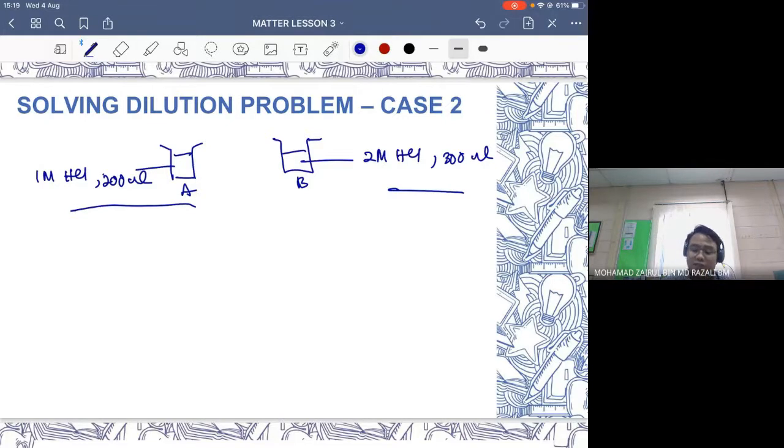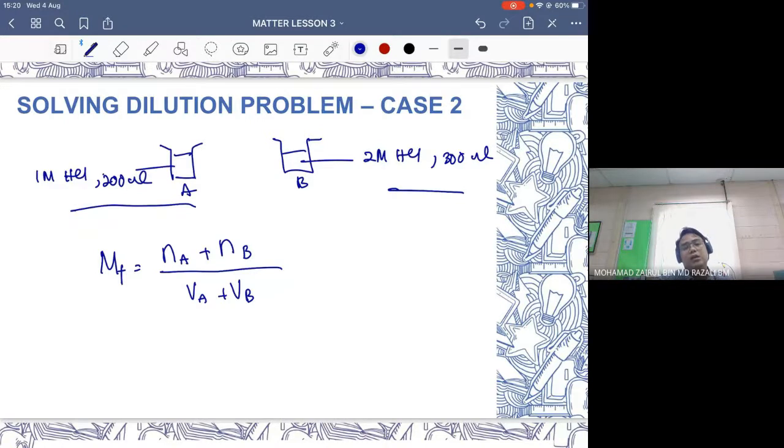Okay, so for this case, so the molarity final dia adalah awak kena find the mole from beaker A tambah mole from beaker B over volume A tambah volume B. So it's still the same mole per volume. However, awak tambahkanlah dua-dua mole tu.